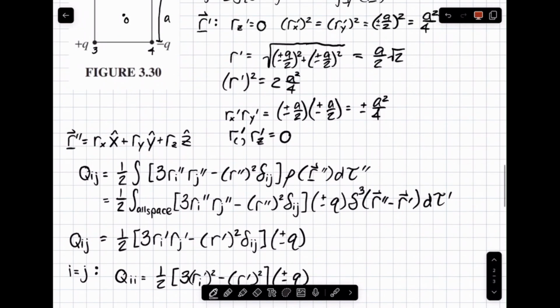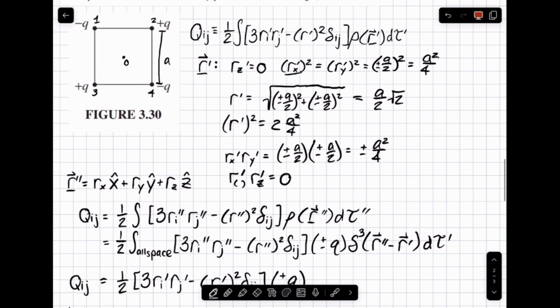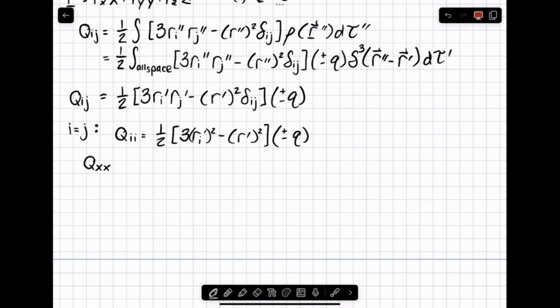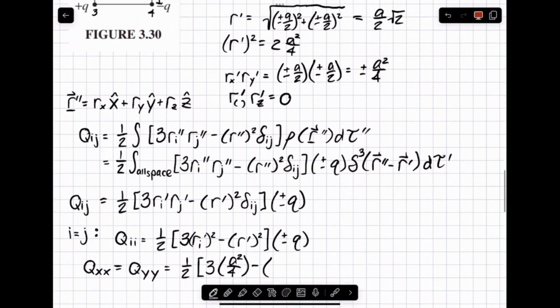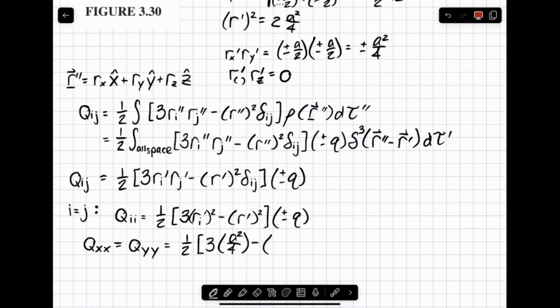And if you'll remember, r_x prime squared and r_y prime squared are equal to each other, and they're both equal to a squared over 4. So I'm going to write that q_xx and q_yy are equal to each other, and that is equal to a squared over 4 in place here for the r prime i squared. And r prime, the magnitude squared, is, of course, 2 a squared over 4.